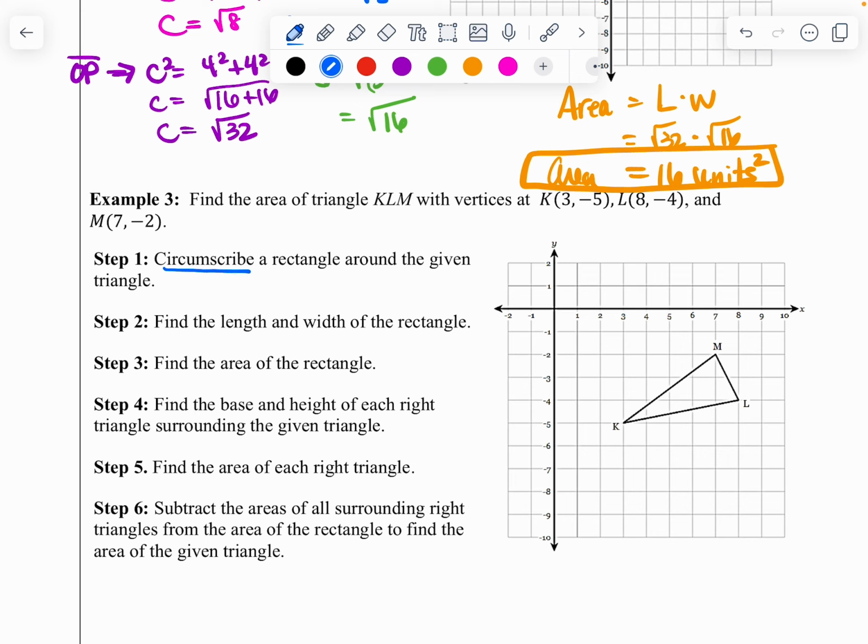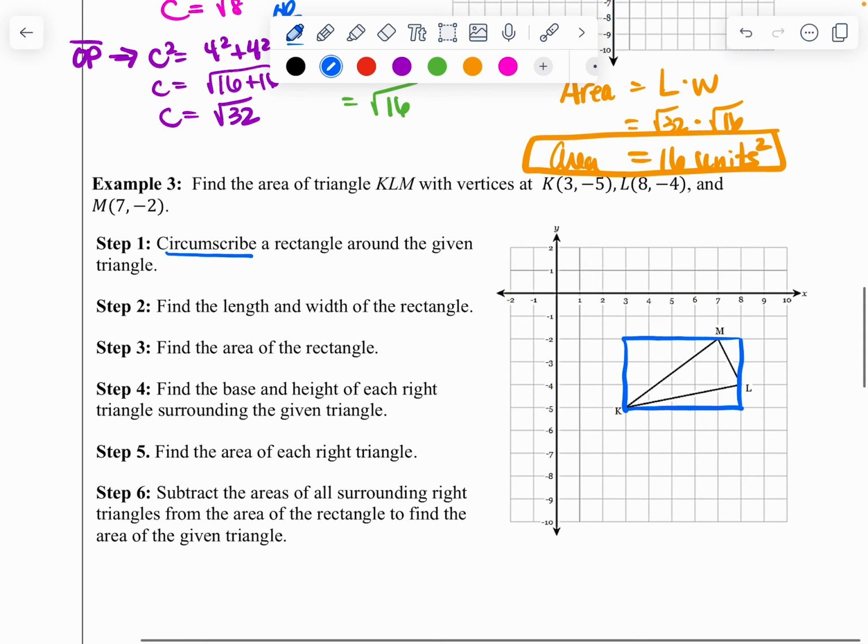That just means to draw a rectangle around my shape. When I do that, I want all of the vertices, all of the corners of the triangle, to be touching the rectangle.